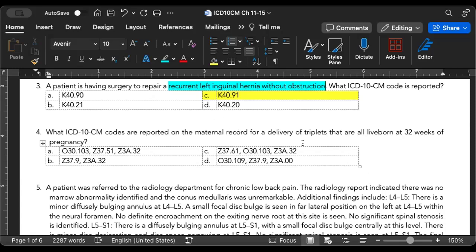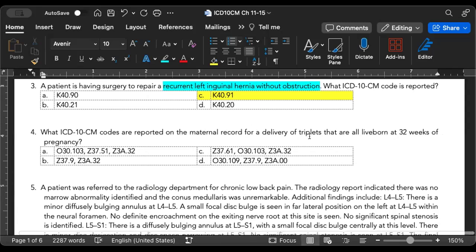We are going to go to pregnancy for triplets. So we'll go pregnancy triplet. Now, because we do not have information about the number of amniotic sacs, the number of placentas, or anything along those lines, then we will just go with our default code, which is the O30.10.